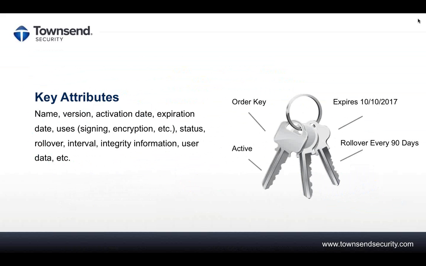I talked a little bit about key attributes. Again, they have a user-friendly name. Keys have versions, typically. When you roll a key, you get a new version of that key. That's a brand new key, but we keep track of them. There's an association between keys. And that metadata then lives within the key manager, and you can typically query that with your administrative console for your key management solution.